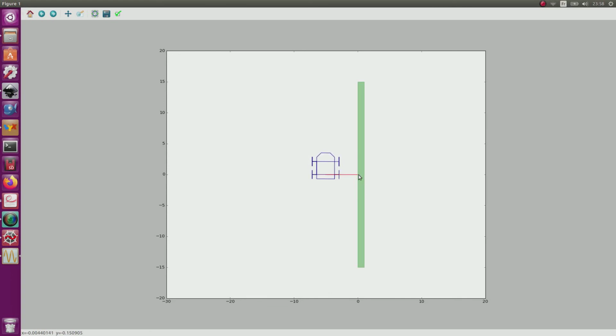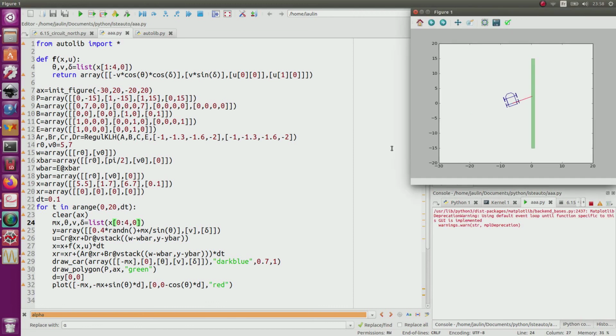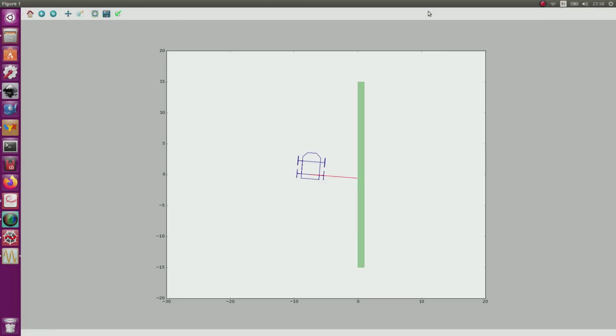Here we can see it, but okay, it's not so. Probably I will take more noise. It's quite a lot. So we can see the effect of noise, but the convergence is still quite good.